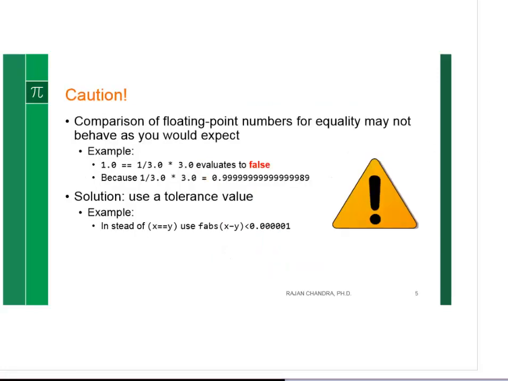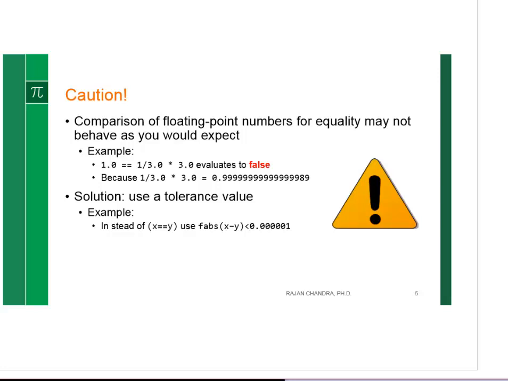You have to be careful when we use the equality operator because it may give some problems. For example, in algebra we know 1 over 3 times 3 is 1, whereas on a computer 1 over 3 times 3 is not 1, it is closer to 1.